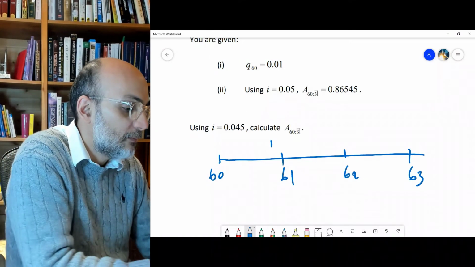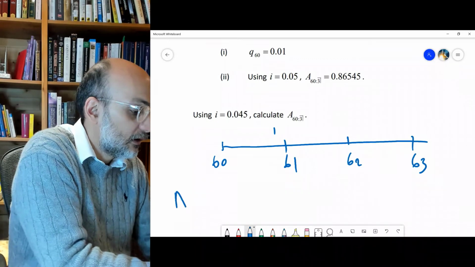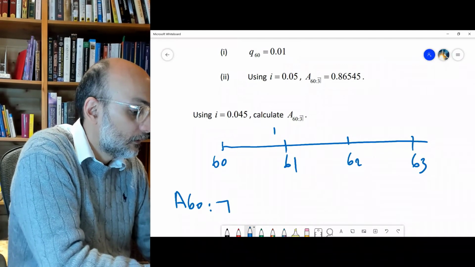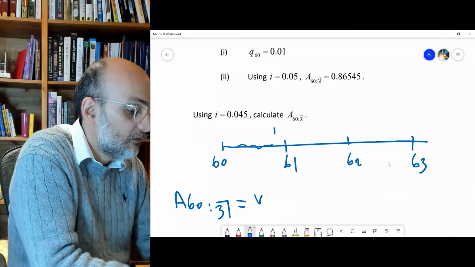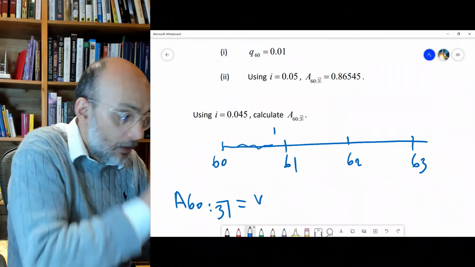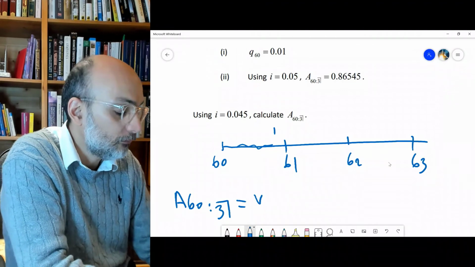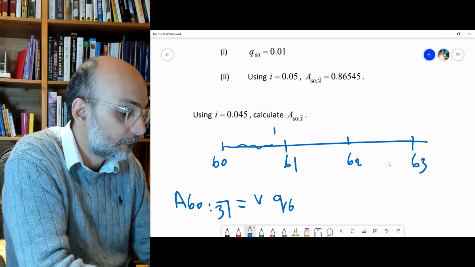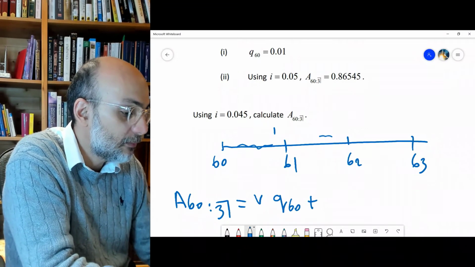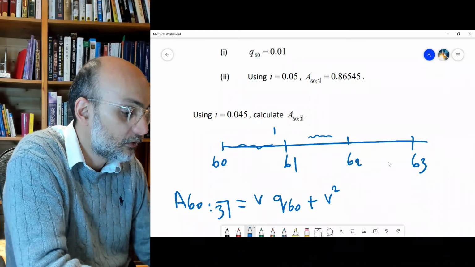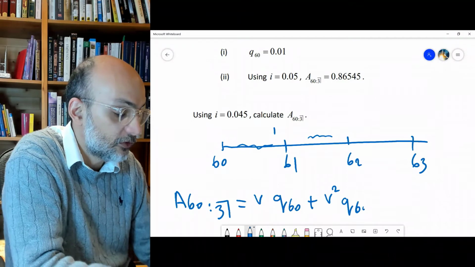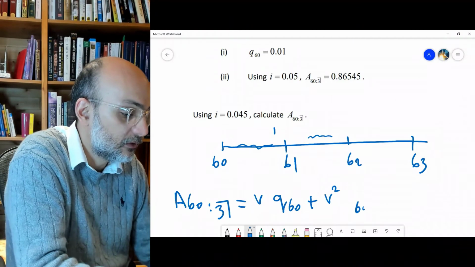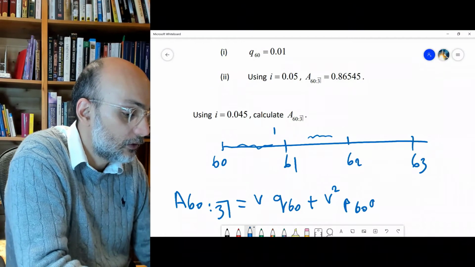So if death happens, let's look at this A63. If death happens here, then we have V at the end of the year, Q60. But if death happens here, then we have V2, Q60. Sorry, we need first to survive to 60, Q61.